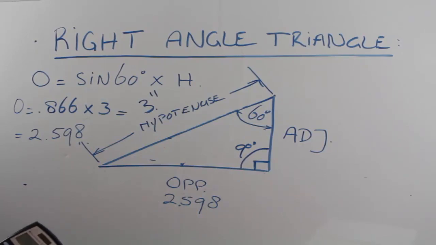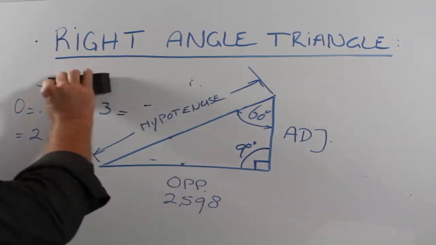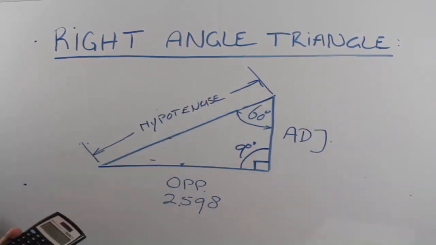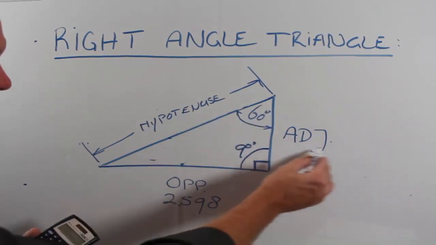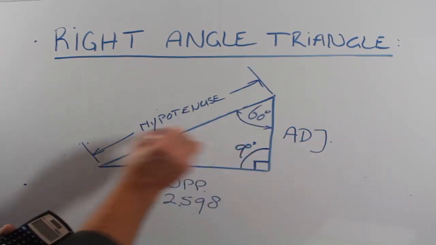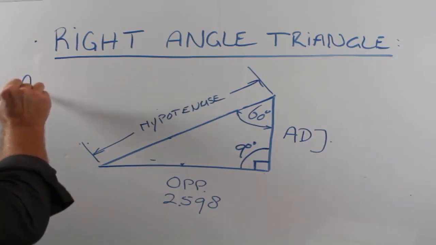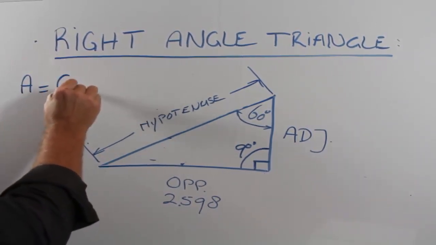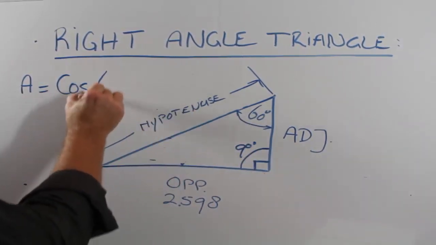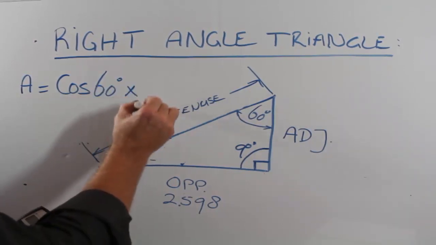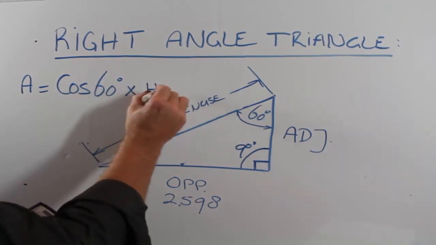Alright, so let's erase this. Alright, so next, to find the length of the adjacent leg, we take the cosine of 60, so adjacent equals the cosine of the 60 degrees that we know, times the 3-inch hypotenuse.